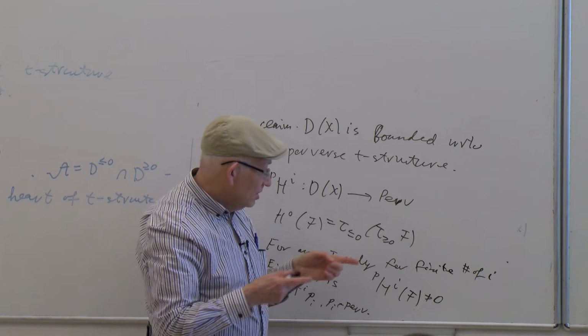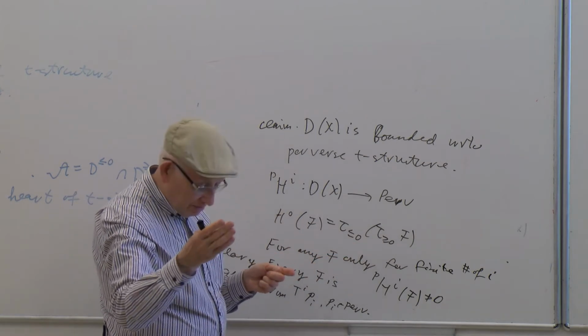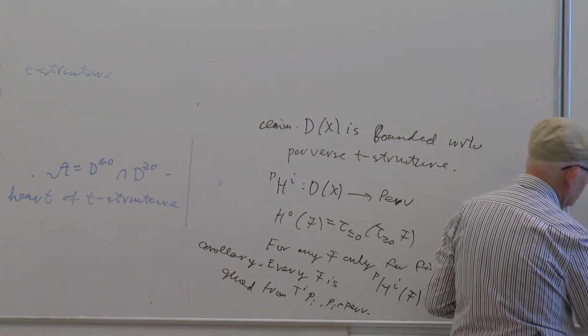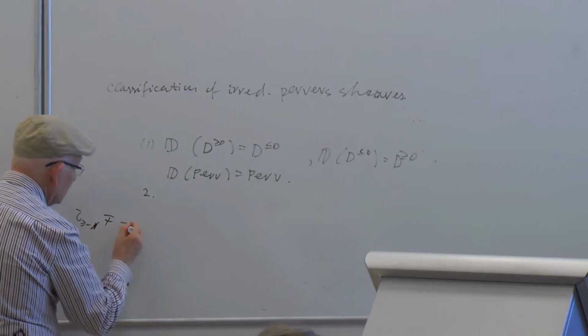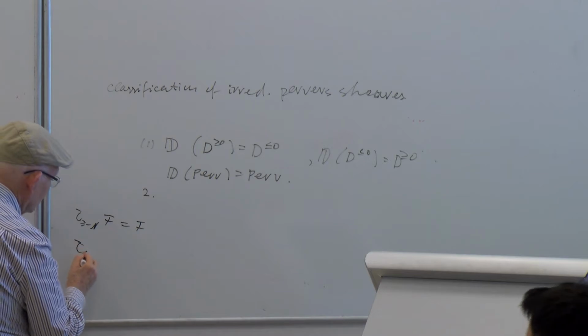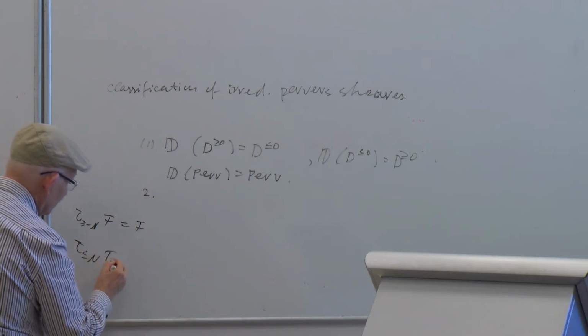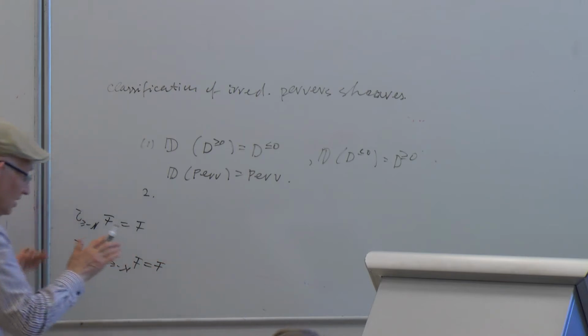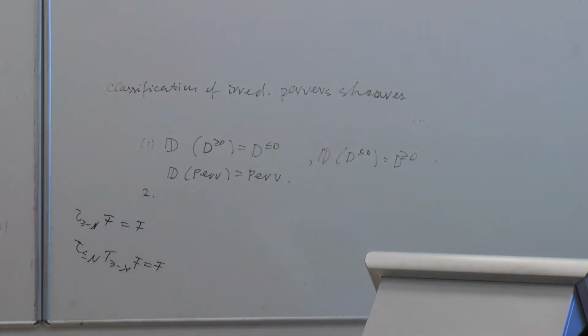This means that if you truncate f, truncation more or equal to minus n will be just equal to f, and then truncation less or equal to n of truncation more or equal to minus n of f is also equal to f. So you know that all cohomologies outside the finite region are equal to 0, and then you just glue f from the corresponding cohomologies.